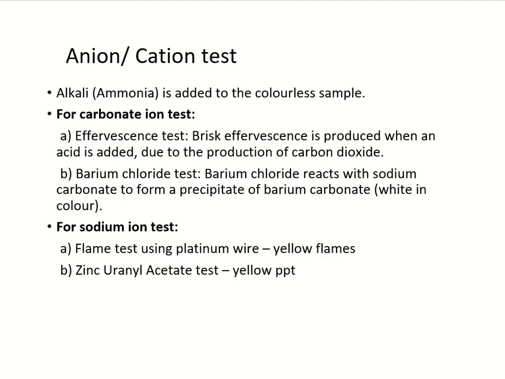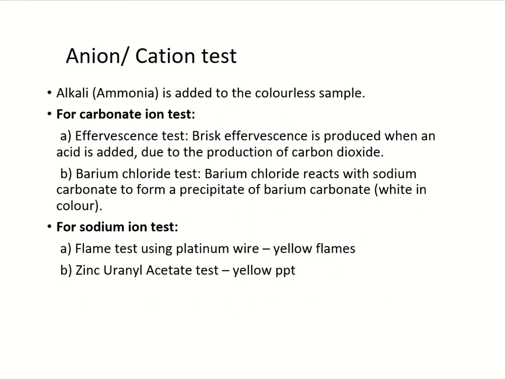Now the tests for the anion or cation extracted in the aqueous layer. For the carbonate ion test, there is an effervescence test in which an acid is added, which produces carbon dioxide with brisk effervescence.